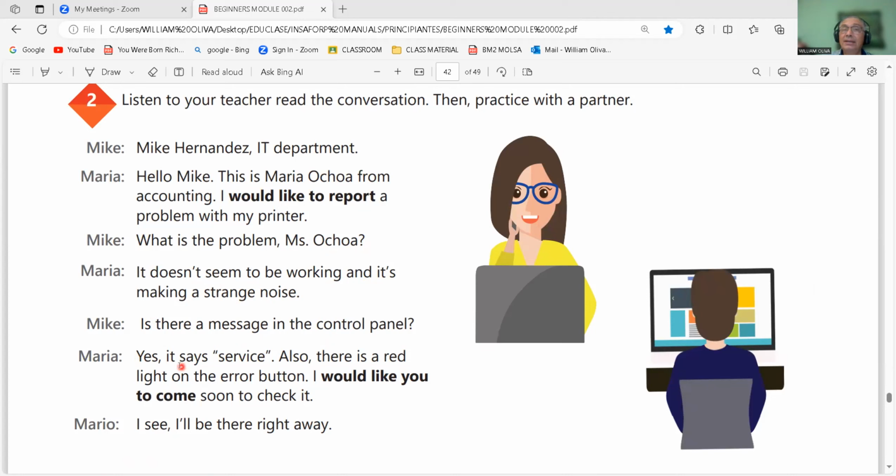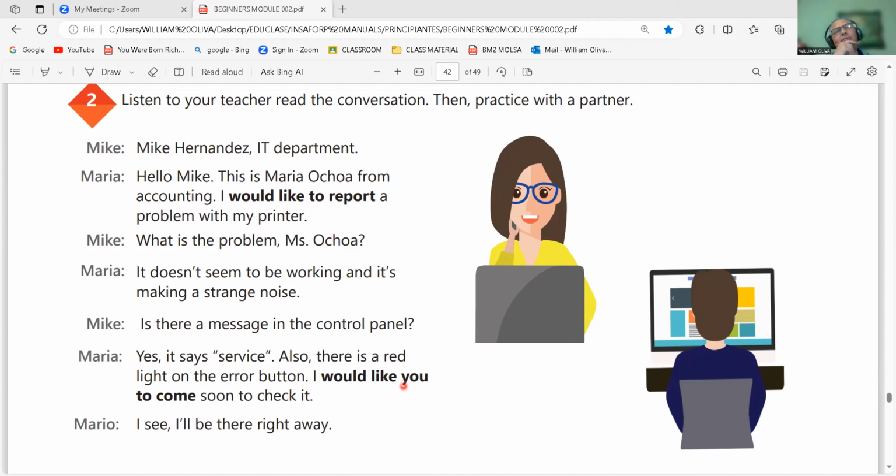Yes, it says service. Also, there is a red light on the error button. I would like you to come soon to check it. I see. I'll be there right away.